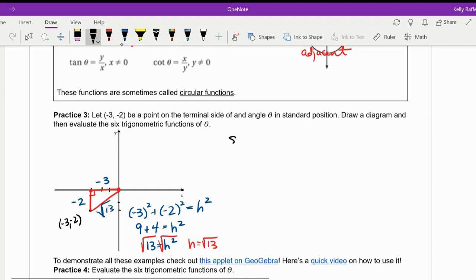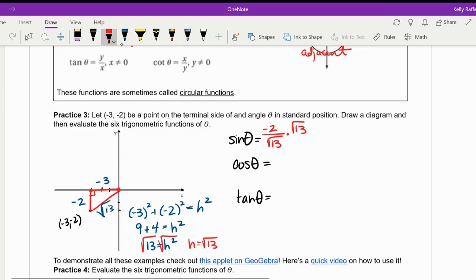So to finish up this problem, we got to write them into all of our trig functions. Now remember, there's one extra step when we have radicals. My sine would be the opposite side. Again, y value is always opposite. So -2 over hypotenuse, always the long side. Now we are not allowed to leave a radical in the denominator.